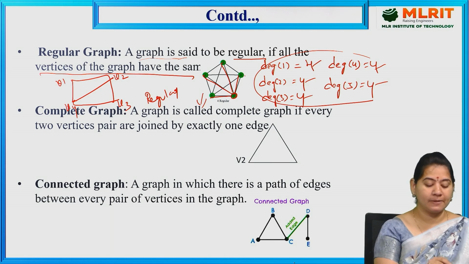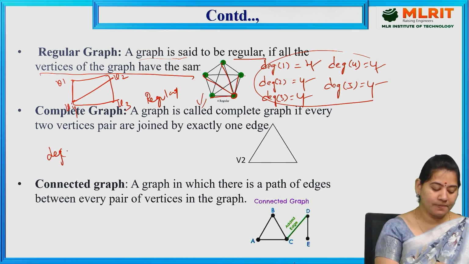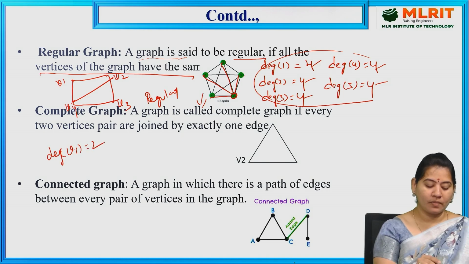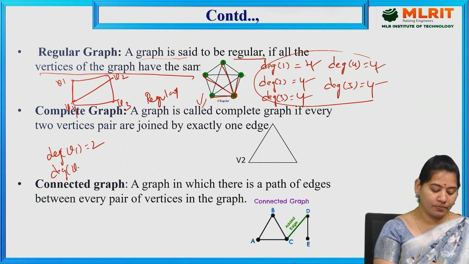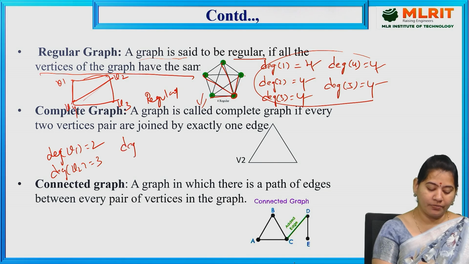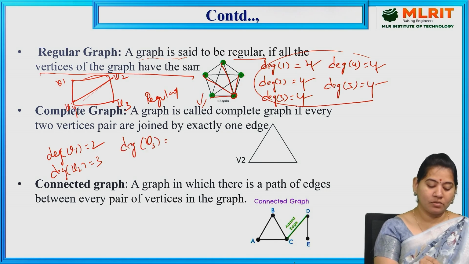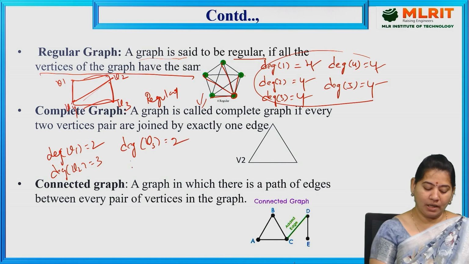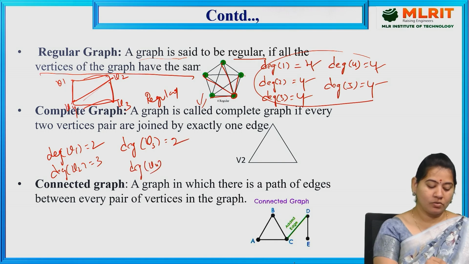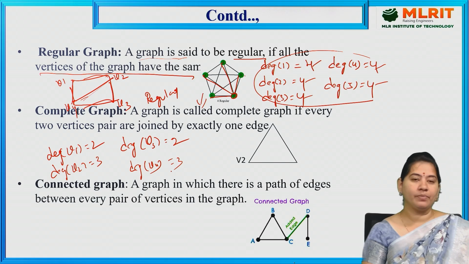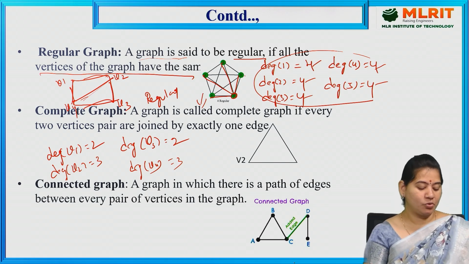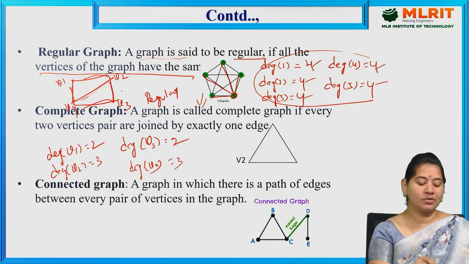Degree of V1 is 2, degree of V2 is 3, degree of V3 is 2, and degree of V4 is 3. So the degrees of the vertices are not all the same, and I can say this is not a regular graph.